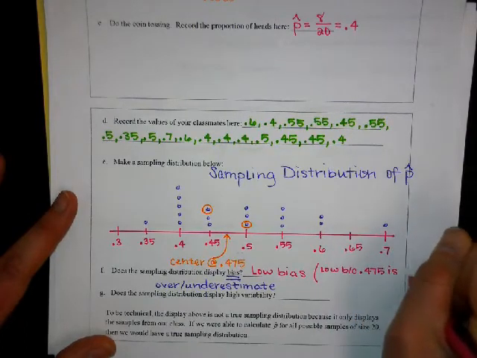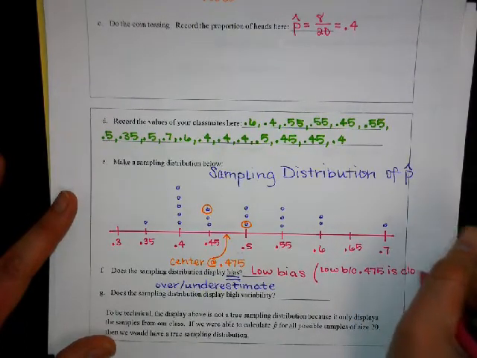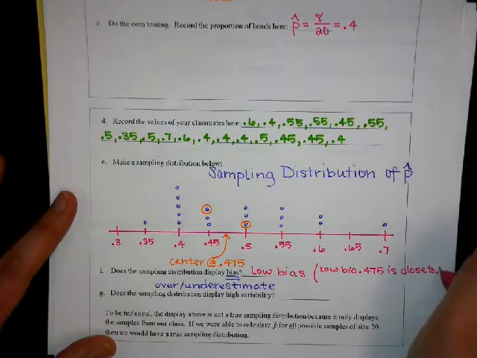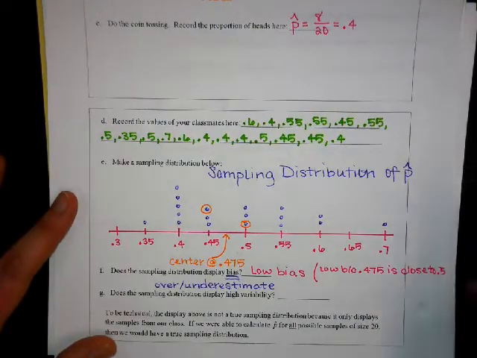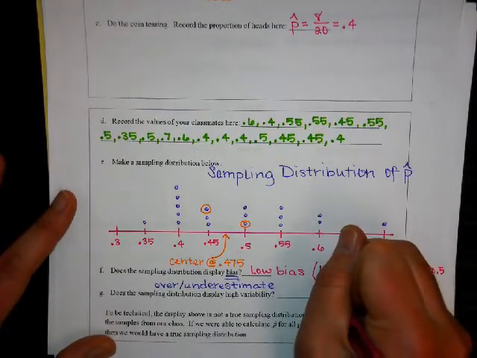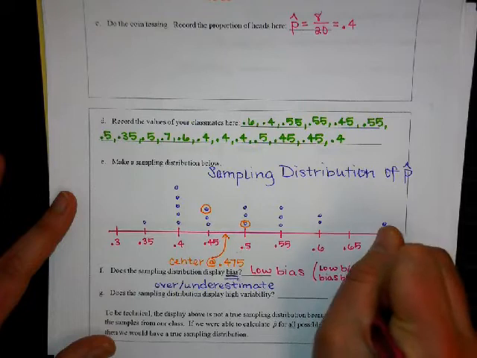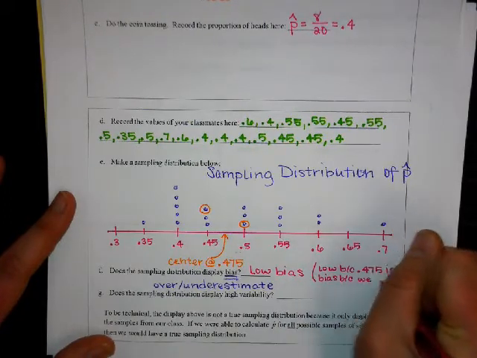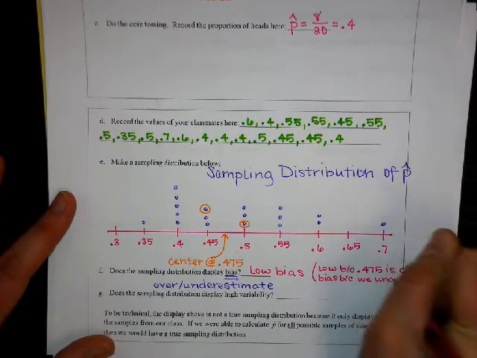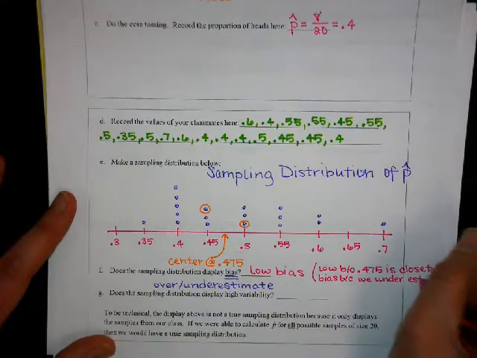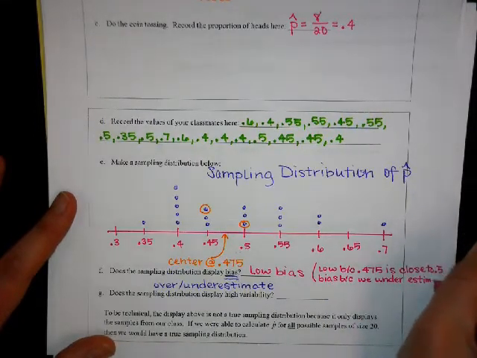Like I explained, it's low because our center is close to the actual parameter, but we still underestimated, so we would have bias.